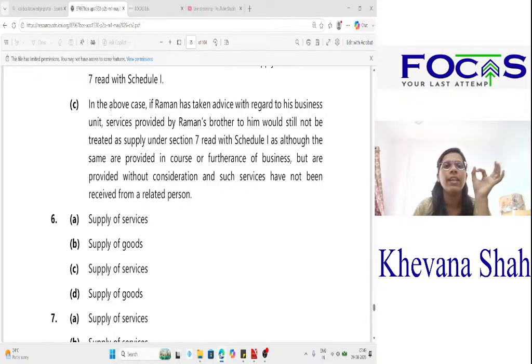In the above case, if Raman has taken advice with regard to his business unit, services provided by Raman's brother to him would still not be treated as supply under section 7 read with schedule 1, as although the same are provided in course or furtherance of business, they are provided without consideration, and such services have not been received from a related person.